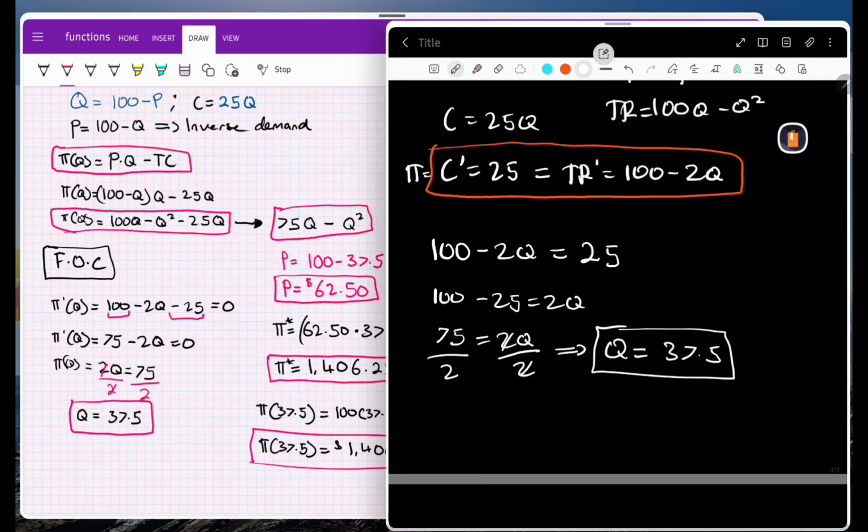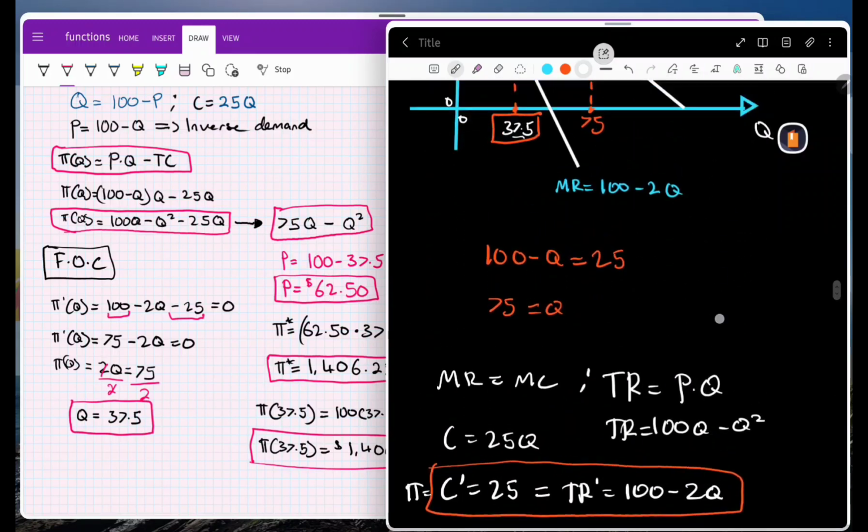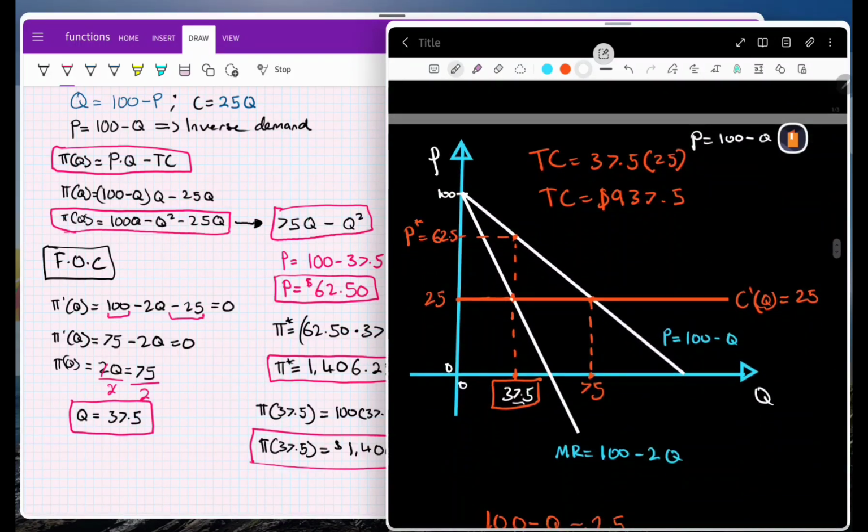That is one way of checking whether or not you have made a mistake or whether or not you have actually got the correct answer, through either deriving the profit function or setting marginal revenue equal to marginal cost, where your marginal revenue is equal to your marginal cost at this point, giving you a quantity of 37.